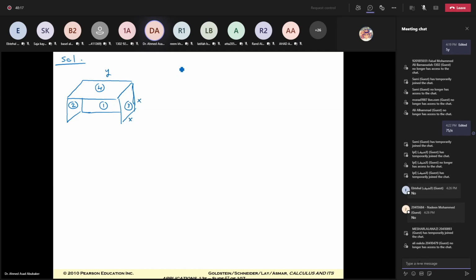And we have a volume that equals x multiply y equals 250. So we have x square multiply y equals 250.